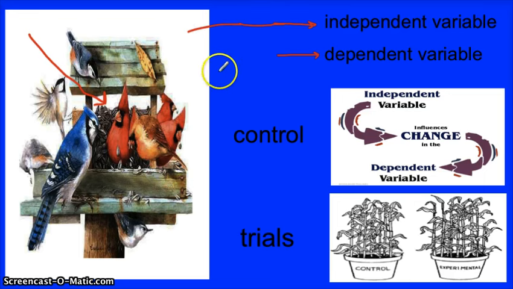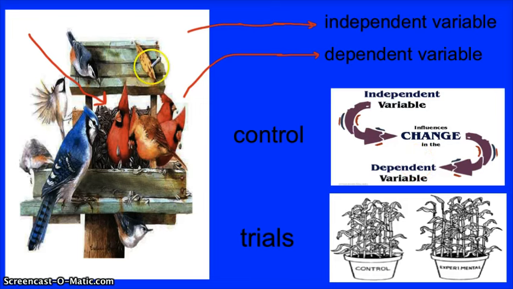The independent variable, the change to pumpkin seed, might change what kind of bird comes here. What kind of bird comes would be a dependent variable. See, the independent variable influences the change, and that means that you might have a change in something else, like the dependent variable. So the independent can change the dependent.